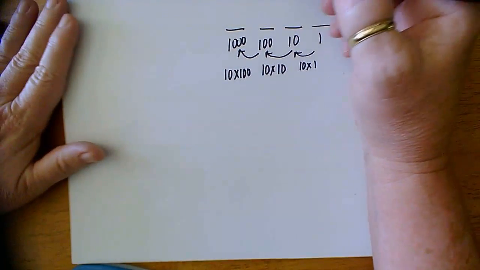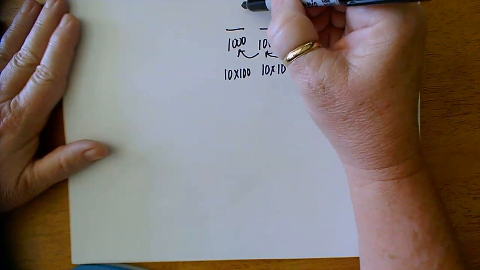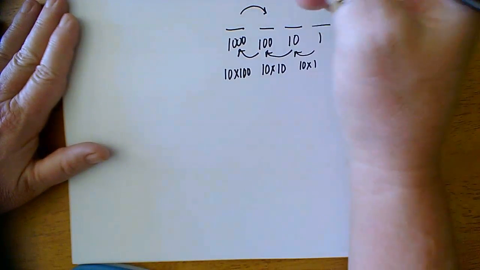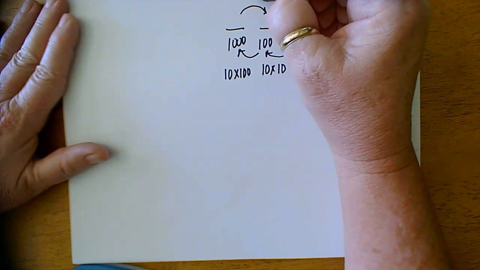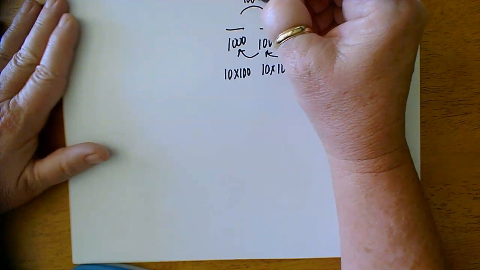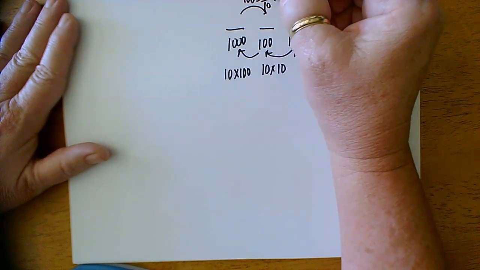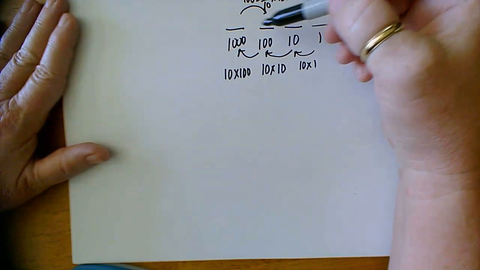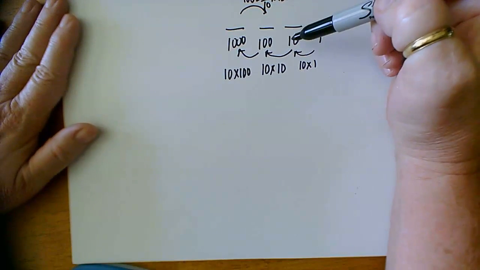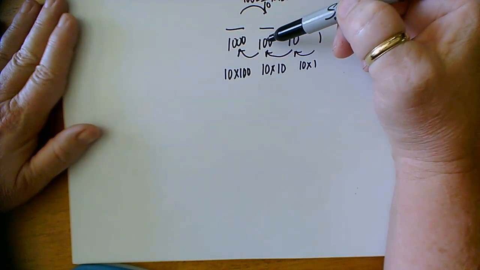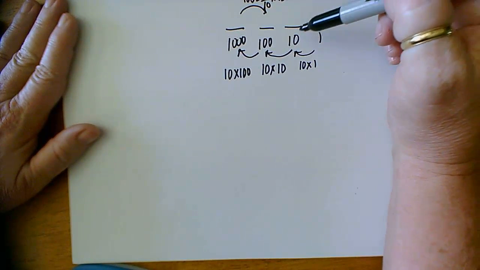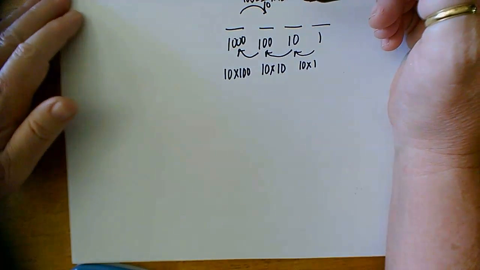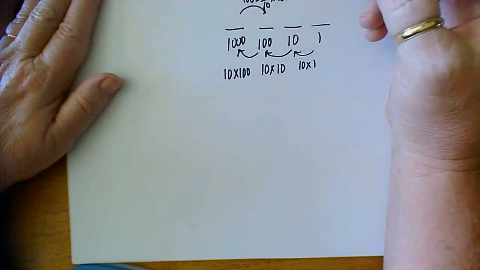And we also talk about how we could reverse, we could go to the right, and the hundreds place is 1/10 the place value to its left, or 1/10 of 1,000. And likewise, 10 is 1/10 of 100, and 1 is 1/10 of 10. So there's this relationship between these consecutive place values.